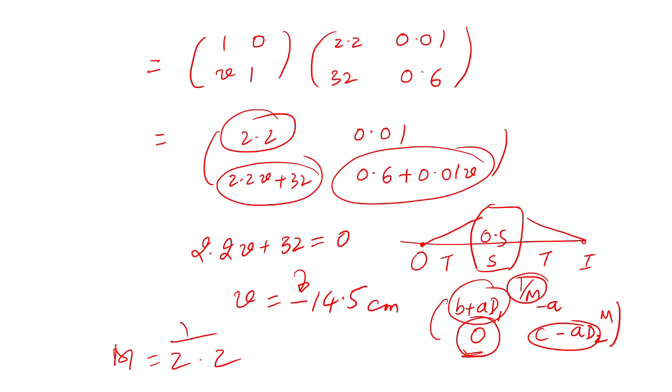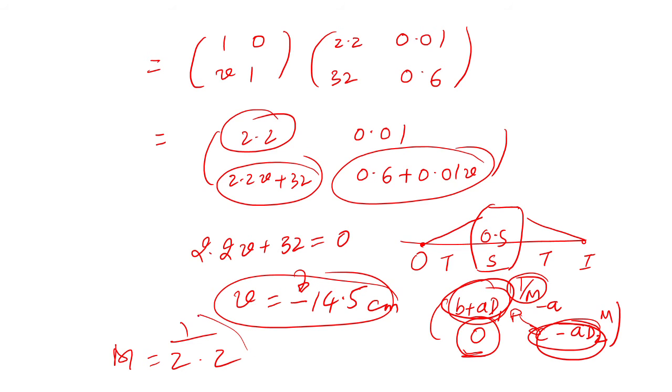The important thing to remember is that this term and this term, we saw that they are magnification and reciprocal of magnification, from the fact that the determinant of any optical matrix is equal to 1, and this we saw while discussing the unit planes, right? So from here we were able to very easily get the image distance, and we were able to get the magnification also very easily, right?